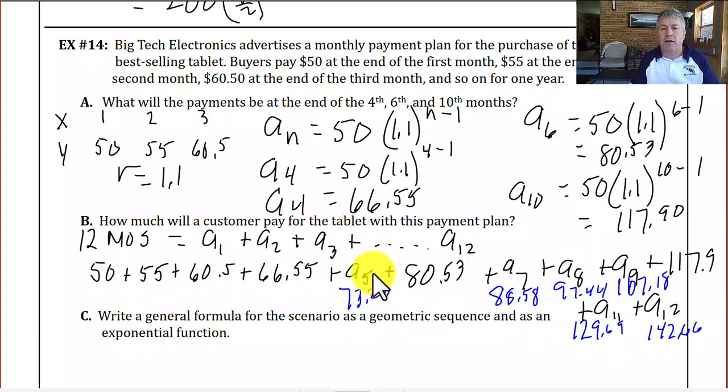So once I find all those values, a sub 5 would be 1.1 raised to the 4th times 50, and a sub 7 would be 1.1 raised to the 6th times 50, and so forth. I've filled all those out in blue, and my total cost would be $1,069.21.